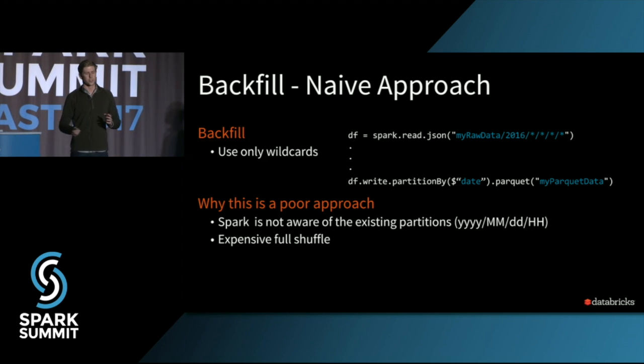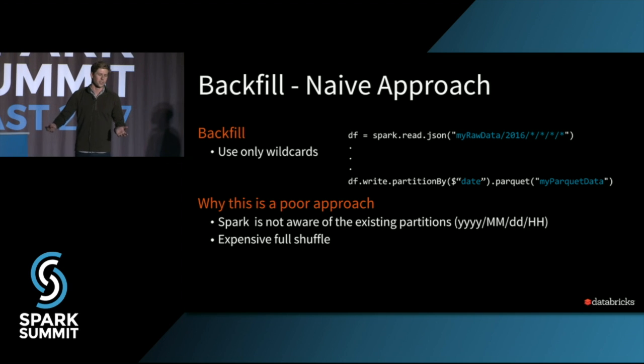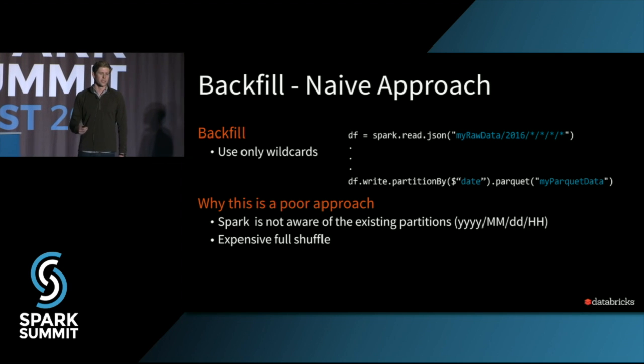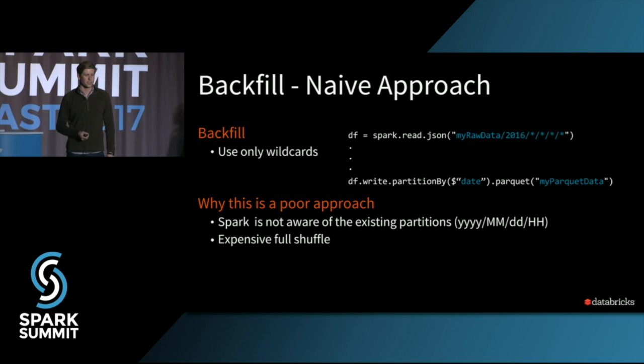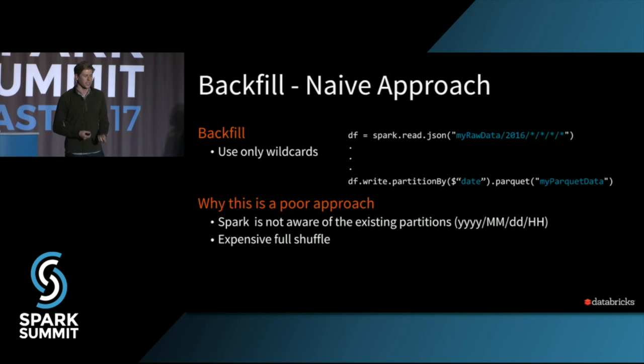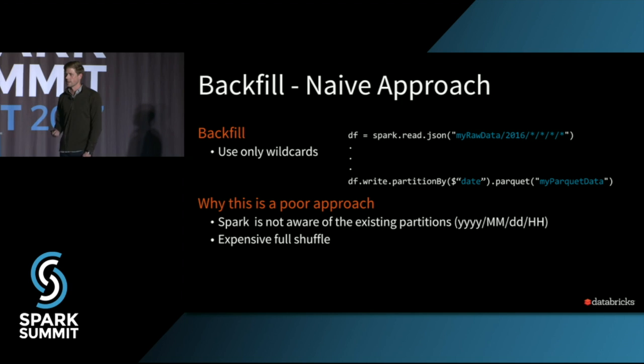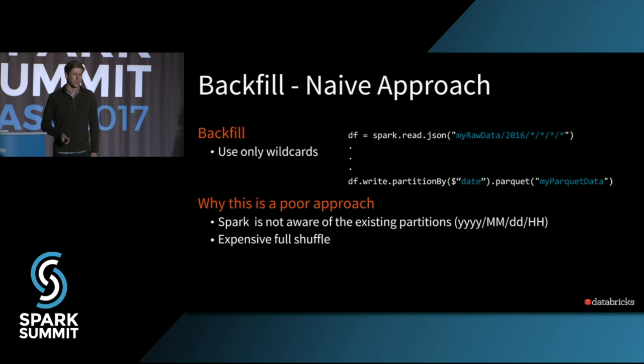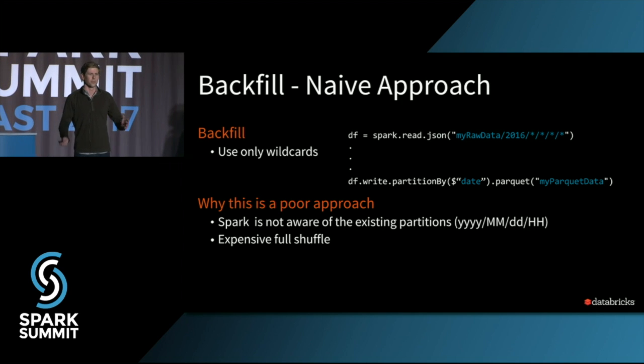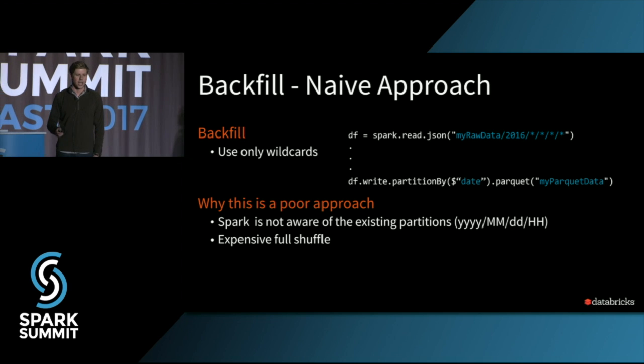Why this is a poor approach is because my data is technically already partitioned as it arrives. But Spark is not aware of these existing partitions, and you're going to have to force in a very expensive shuffle. If your data is relatively small, this may not be too challenging, but if your data is scaling to hundreds of gigs or terabytes, this is going to be extremely expensive if you want to convert formats for a large time frame.